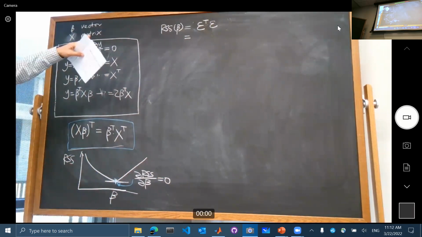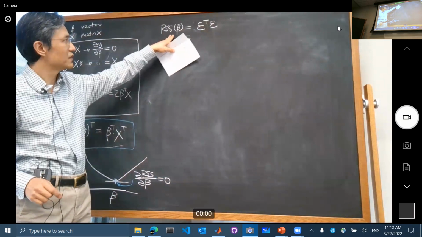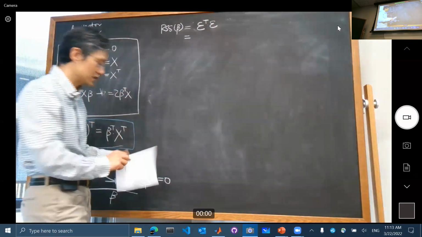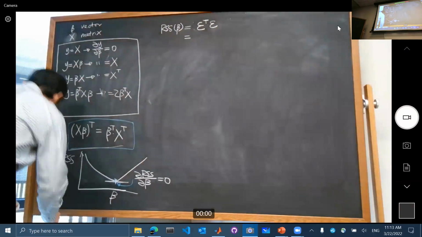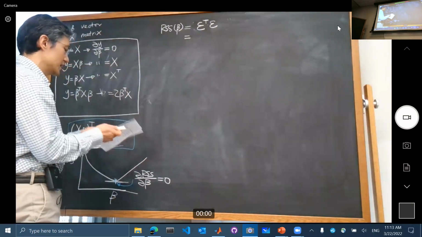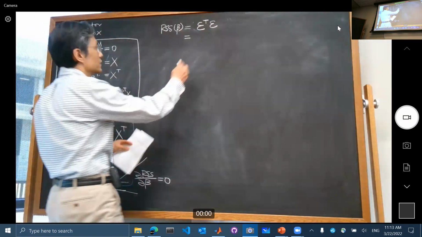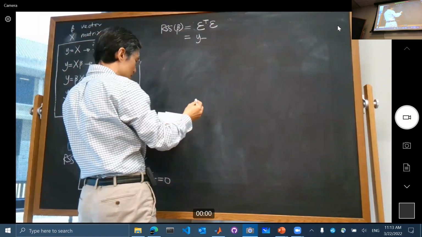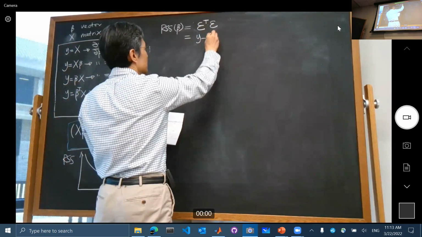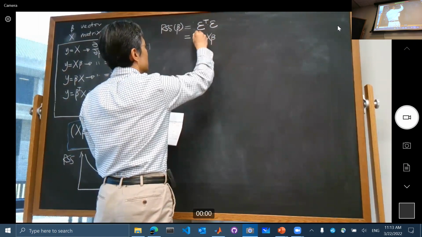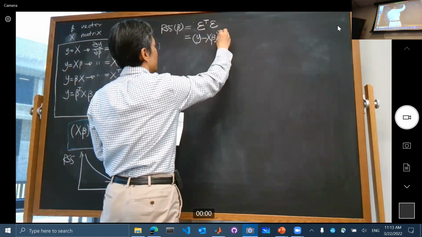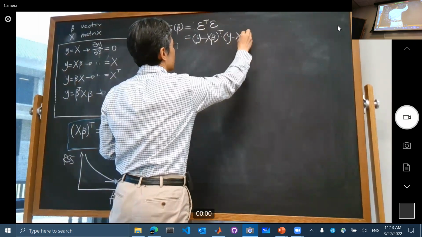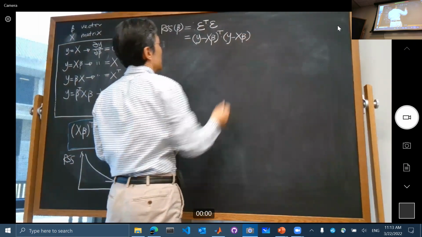So we want the derivative of the RSS function to be 0, unchanged. This can be written as y minus x beta times itself.